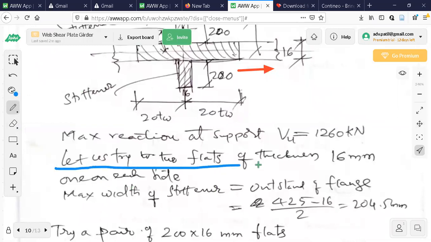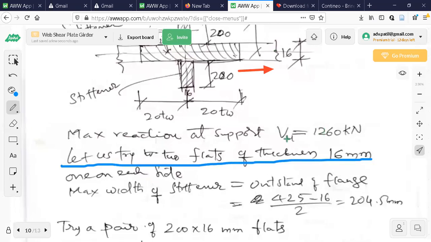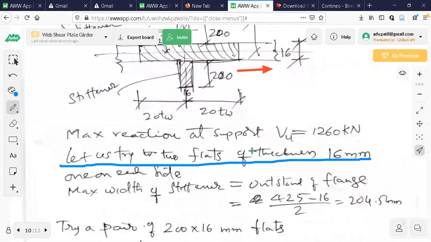Directly what I'm trying to say here is, let us try two flats of thickness 16 mm. It means I'm trying to use the stiffener plate thickness equal to the thickness of the web. In that way, I have assumed the thickness. There is no problem. Whatever is the thickness of this one, you can assume that.